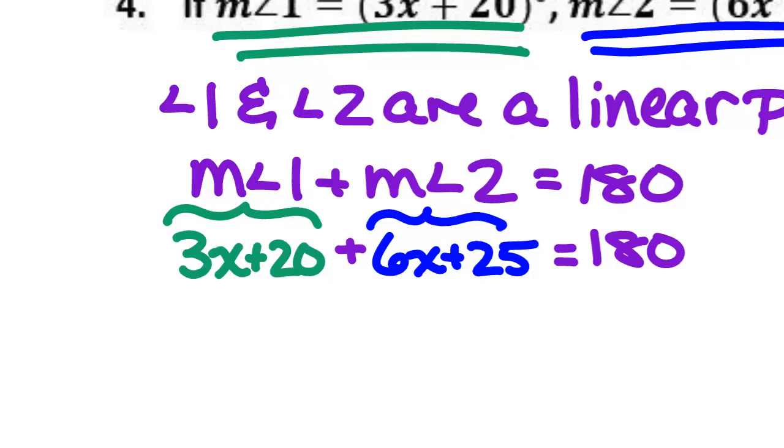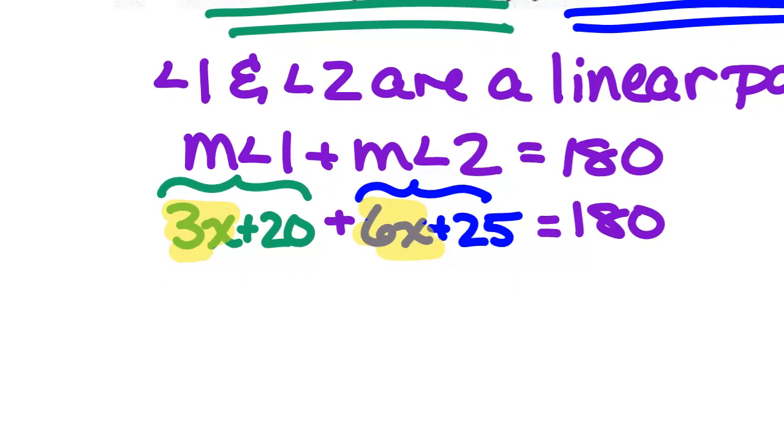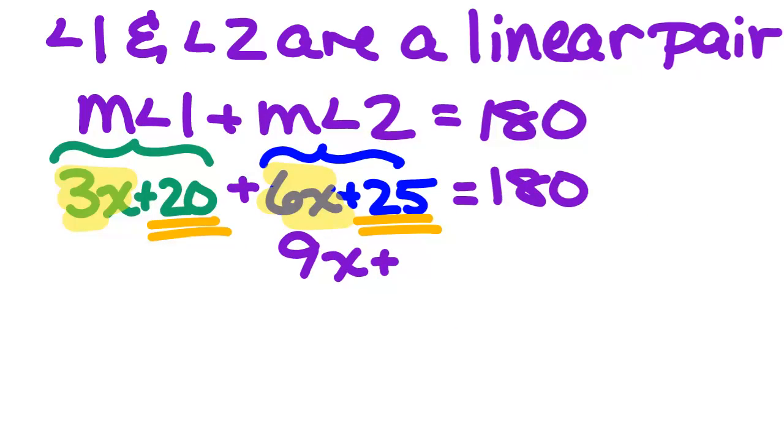We have some like terms that we can combine here. I have 3x and 6x that would get combined to give me what? 3x and 6x combined to 9x. And then I have a positive 20 and a positive 25 that combine to give me 45.